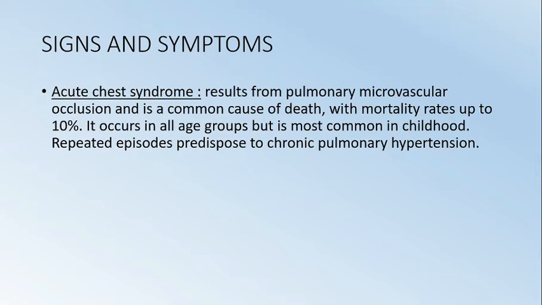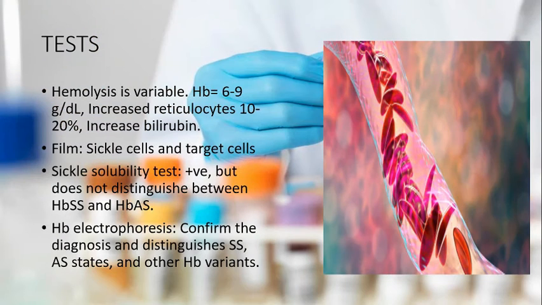Okay, and let's see the tests that can be done. Since hemolysis is variable, it depends on how severe. There might be an Hb of 6 to 9 grams per deciliter, depending on how severe it is. There might be an increase in reticulocytes up to 10 to 20%.